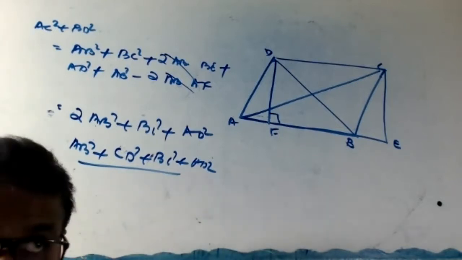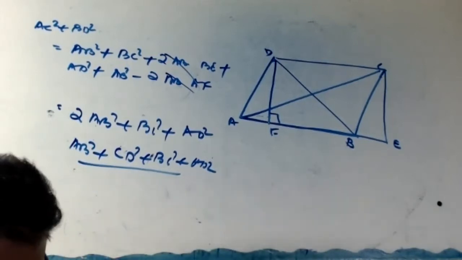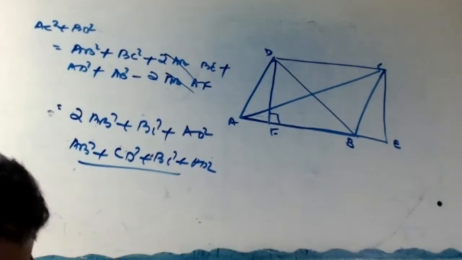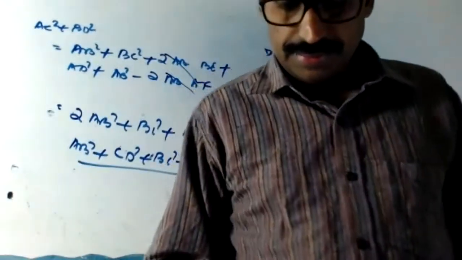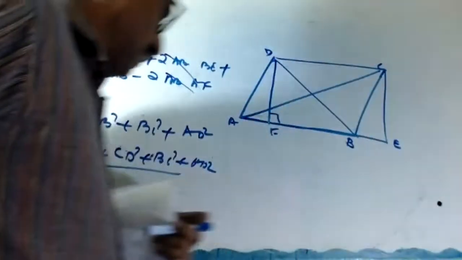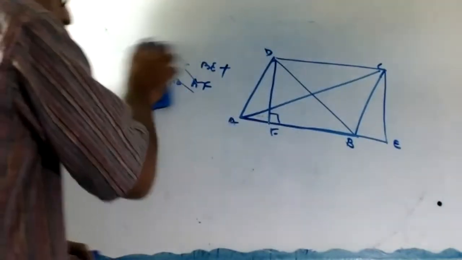Right, next question. In figure, D is a point on the side BC of triangle ABC.